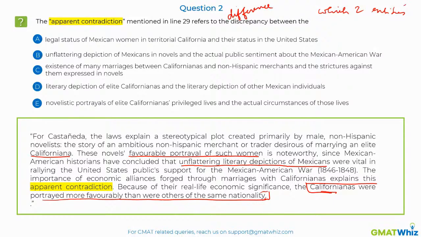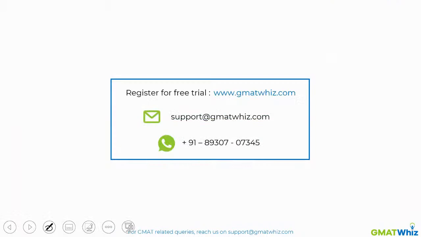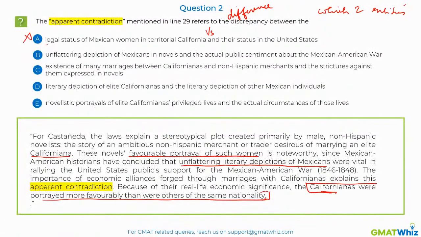All right. So let's see. Option A: was the discrepancy between legal status of Mexican women versus their status in the US? No. A is out. Sorry. Entity A is the legal status of Mexican women, entity B is their status in the US. Makes no sense.